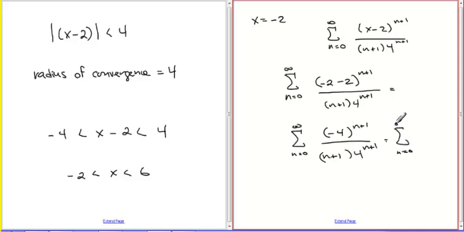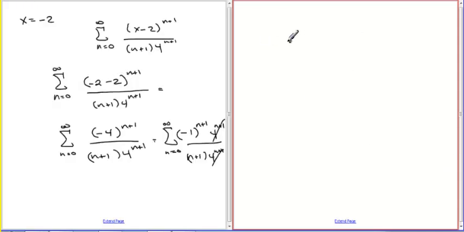That's going to be -1 to the n plus 1, 4 to the n plus 1, divided by n plus 1, 4 to the n plus 1. So those cancel out. So it simplifies down to an alternating series. So we get -1 to the n plus 1 divided by n plus 1.